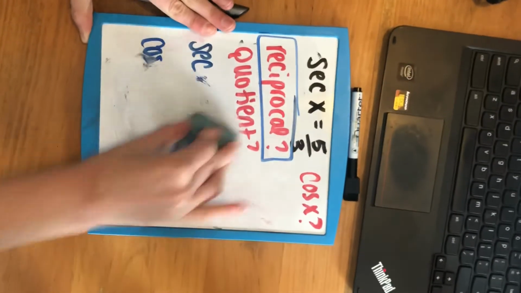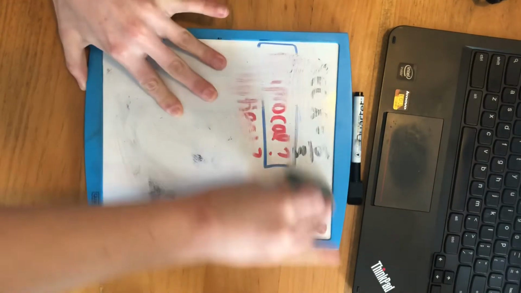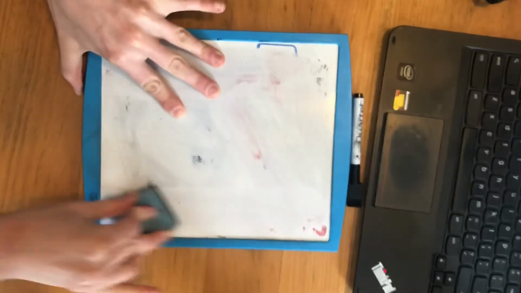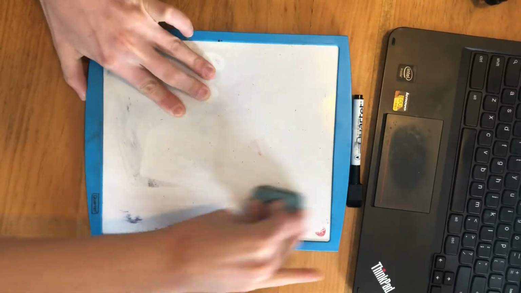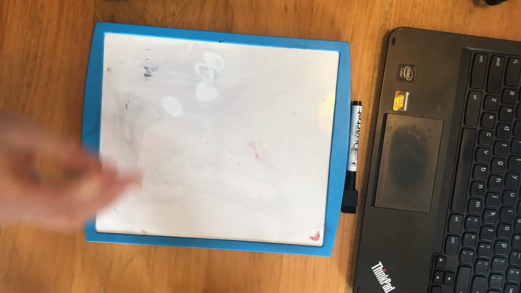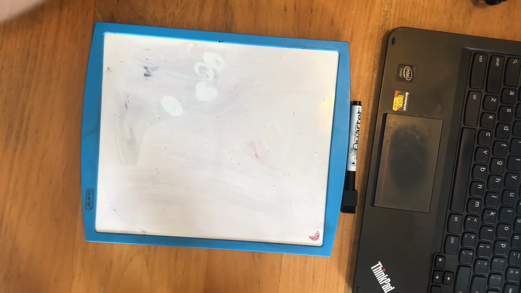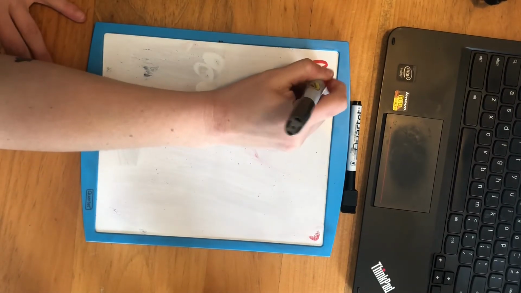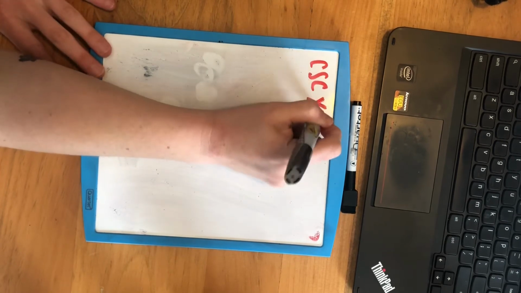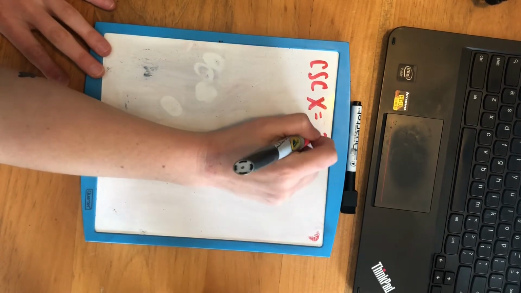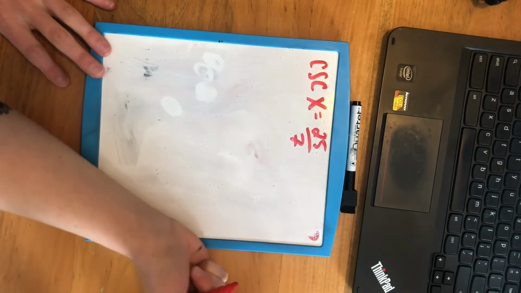All right. And now I bet you can bet that this one's going to be a little bit more challenging. So we have cosecant of x equal to 25 over 7.